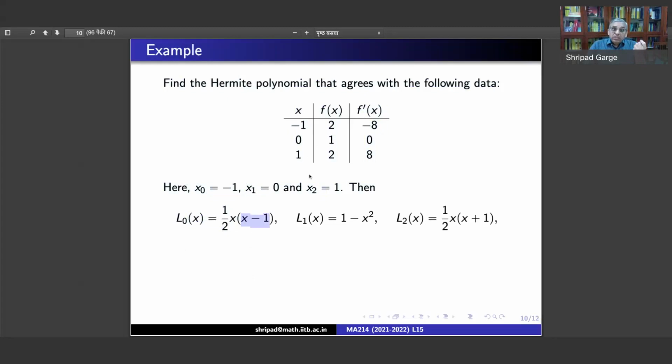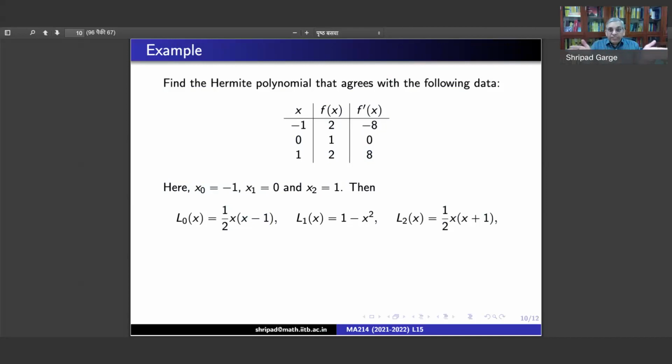L0 of x0, where x0 is -1, gives you -1 outside here and inside you will have -1 -1, so the product gives you 2 upon 2, which gives you 1. So indeed L0 is the Lagrange polynomial corresponding to x0, which is -1. L1 is similarly, one can check, the Lagrange polynomial for the given data, and L2 is the second Lagrange polynomial. So we have computed the zeroth, first and second Lagrange polynomials.